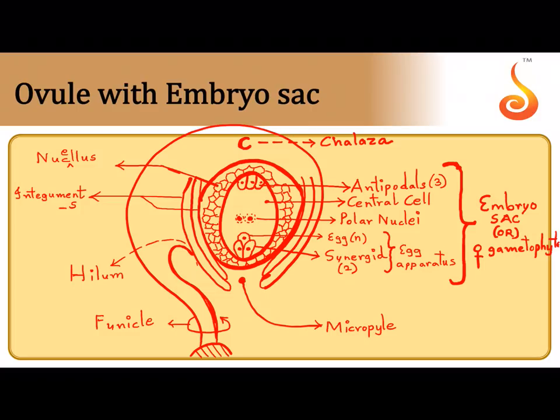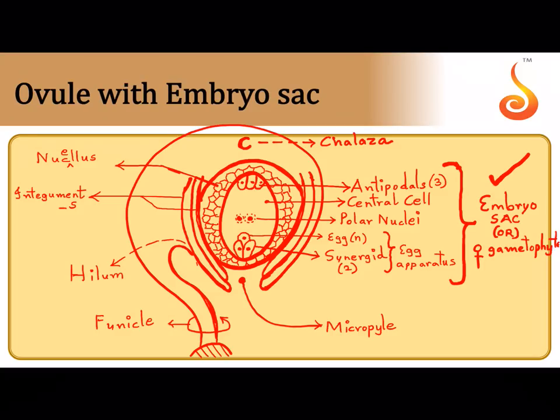So this is how the diagram for the ovule or the megasporangium must be represented in your examination. You must show the embryo sac sitting inside. Ideally, you must label it, don't leave it blank in the exam, because in the textbook it is left blank. Of course, they have dealt with it later, but in your examination, you have to show each and every part of the embryo sac that is sitting inside the ovule.